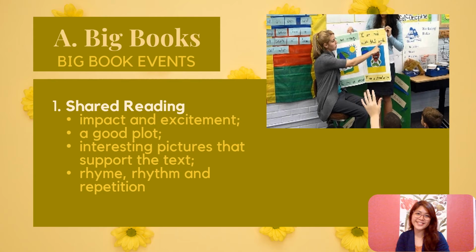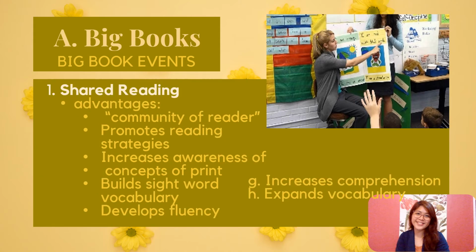Also, in shared reading, it is important that the stories we share with our students have impact and excitement, a good plot, interesting pictures that support the text, rhyme, rhythm, and repetition.